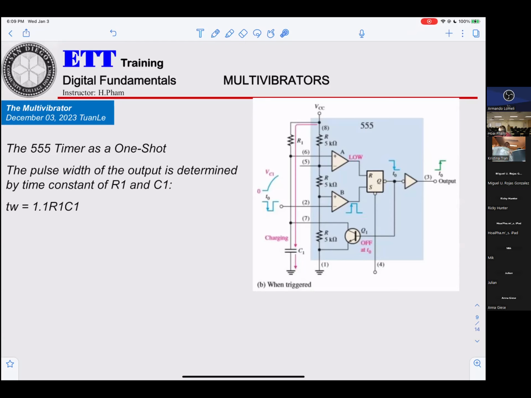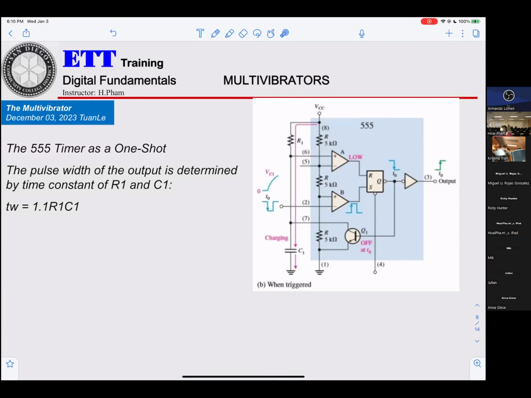You have to make the connection inside here, that's the internal of the 555 timer. They want the trigger here, going from high to low. Whatever happens, you will be doing in the lab, then you can see what the output looks like.